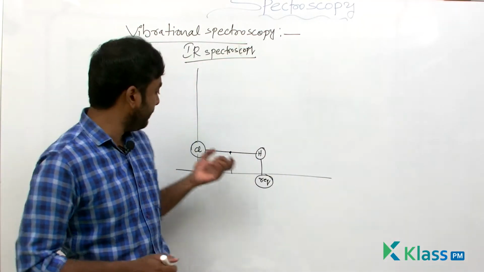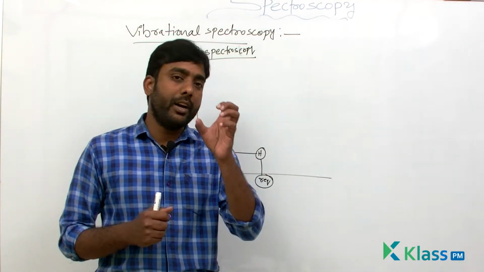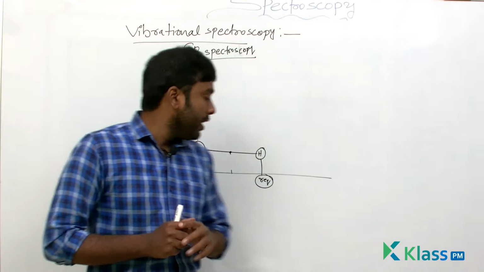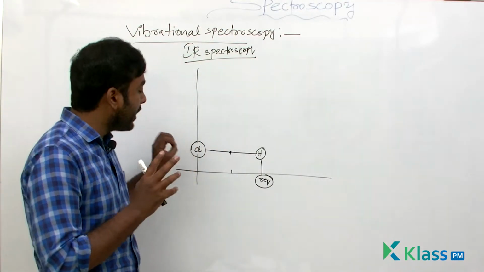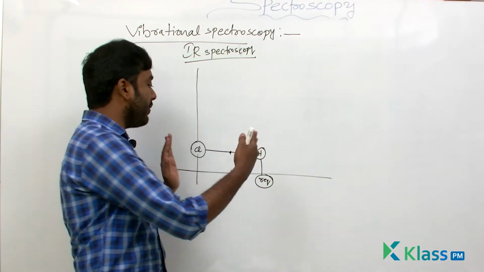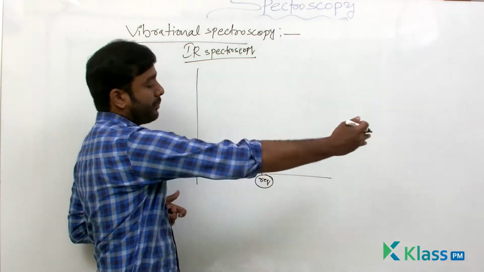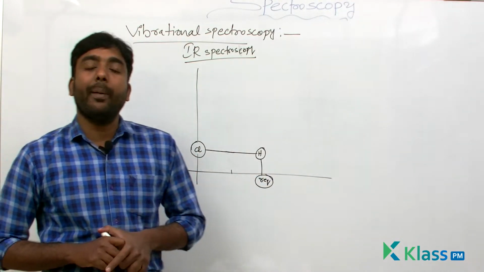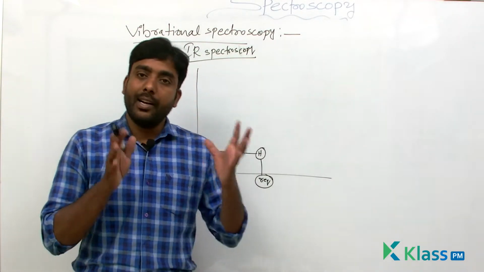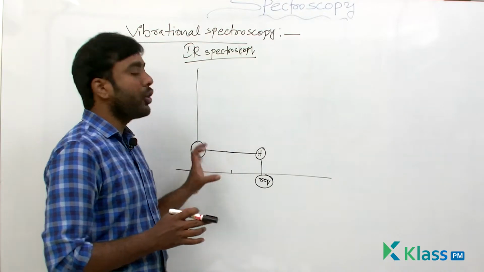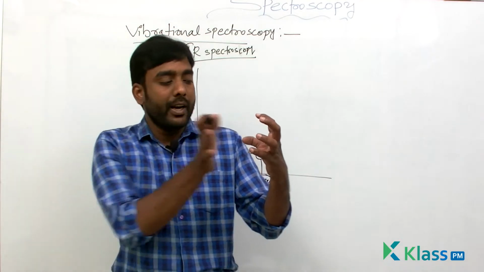Let's assume chlorine is relatively large and hydrogen is relatively small, so chlorine is static and does not change its relative position. Only hydrogen will vibrate, coming closer to the chlorine and going away from it. So only decoupled vibrations are possible in the case of HCl.